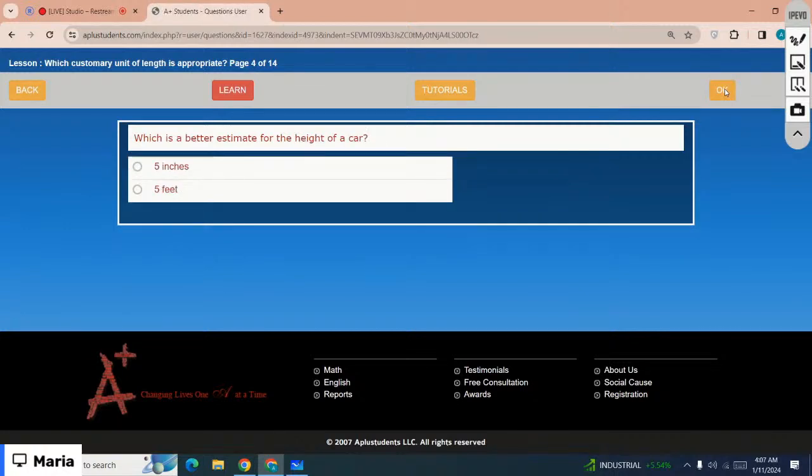Which is a better estimate for the height of a car, 5 inches or 5 feet?